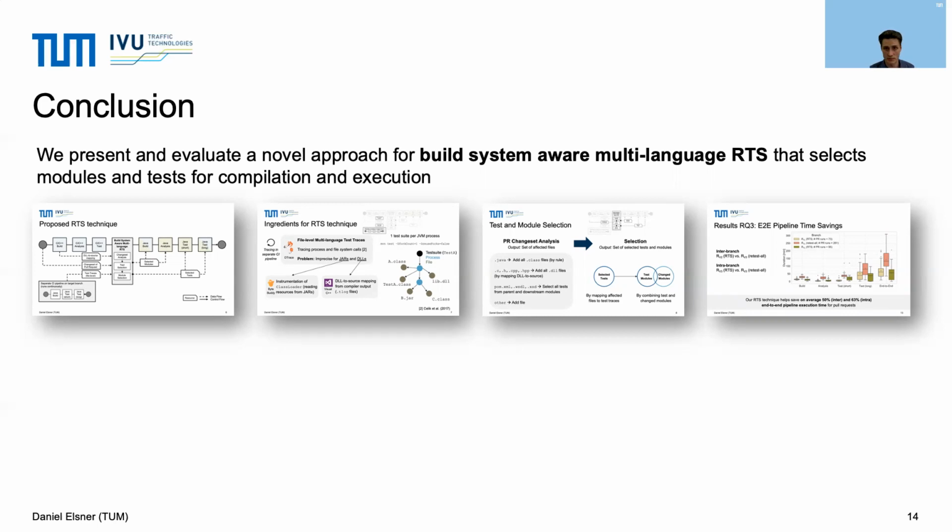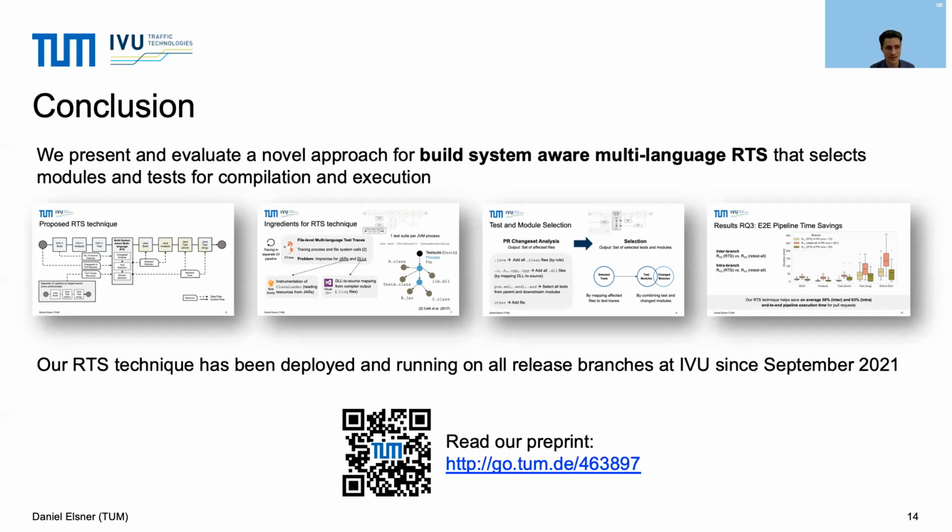And our results show that we're able to reduce the end-to-end pipeline time for the Java part of the pipeline by roughly 50% or even more, depending on the evaluation scenario. Our RTS technique has been deployed and running on all release branches at IVU since September 2021. So this is really a practical solution that is also used in practice.